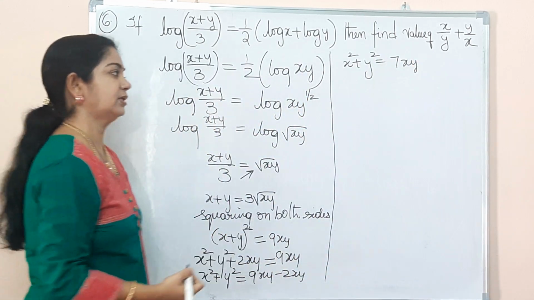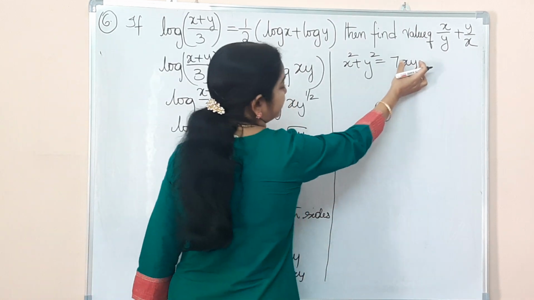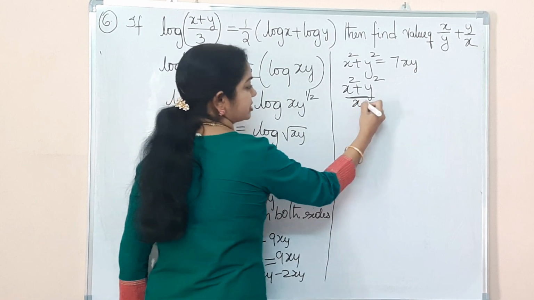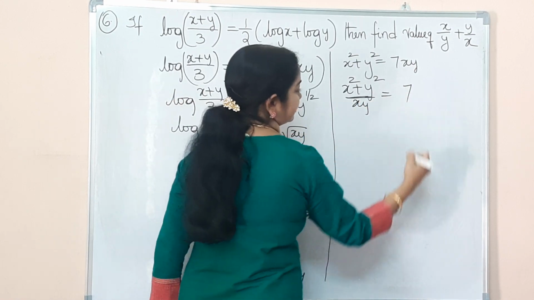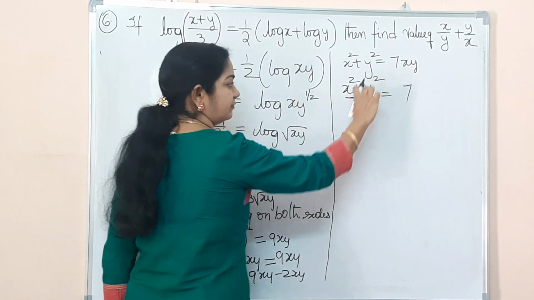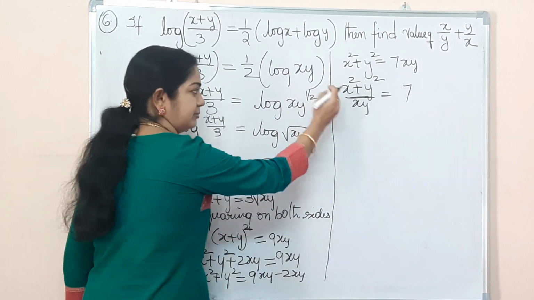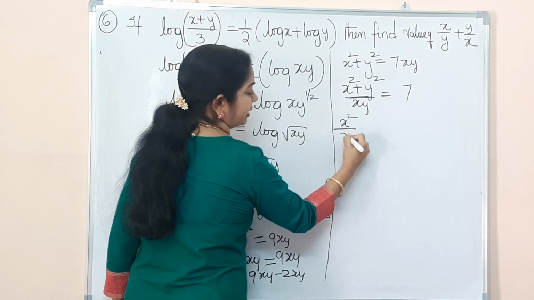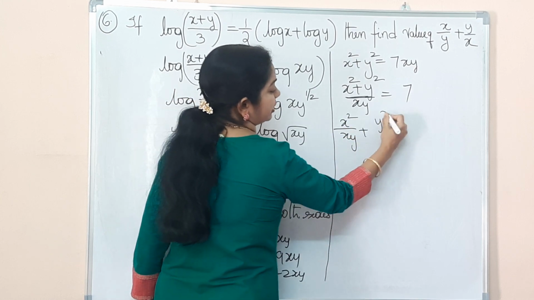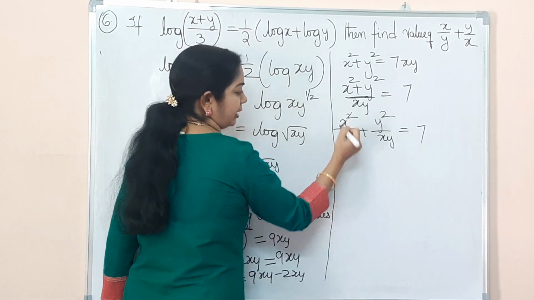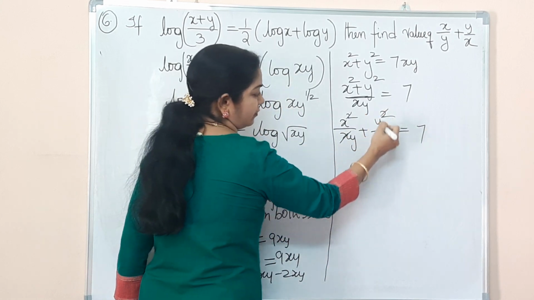9xy minus 2xy. Now bring this xy part to the LHS. We will take the LCM, we know how to find the LCM. So it comes to x square by xy here, y square by xy here, equals 7. So 1 x will be cancelled, 1 y will be cancelled.